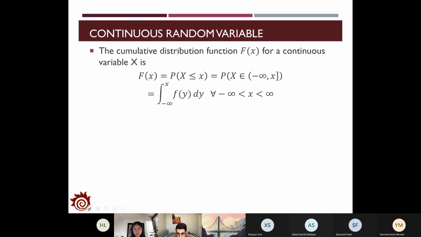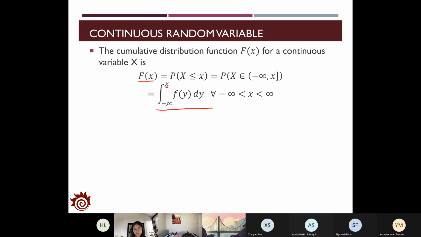The definition of the cumulative distribution for continuous variables is the same as for the discrete random variable. It indicates the probability of capital X being smaller than a certain value. For capital Fx, it represents the probability of all the values less than small x.